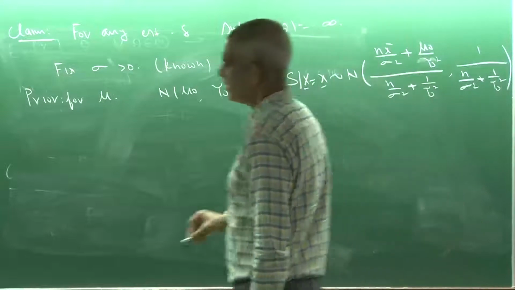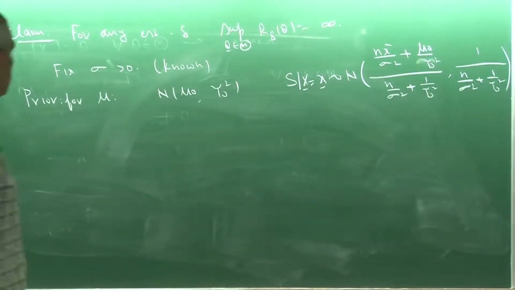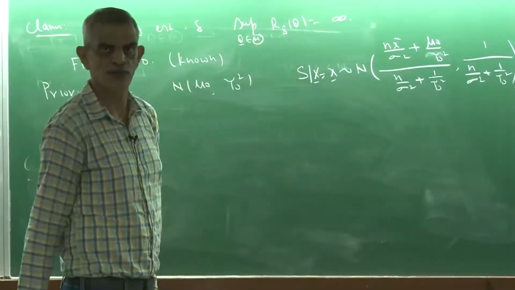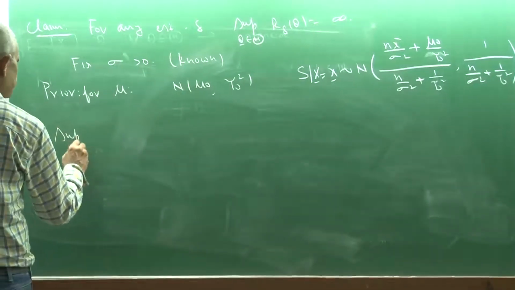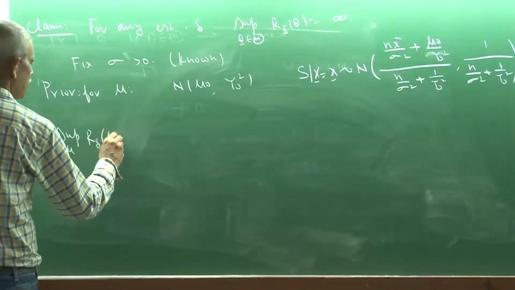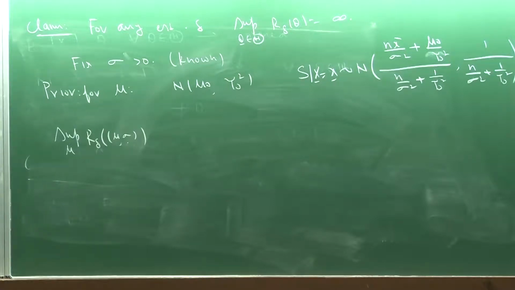Here, in place of sigma naught square, you have sigma square, which I have taken to be fixed or known. That is the posterior distribution we obtained. Now I first take the supremum only with respect to mu. So I consider the supremum over mu belonging to R of the risk of any estimator delta at (mu, sigma). So sigma is fixed, and I just take the supremum over mu.